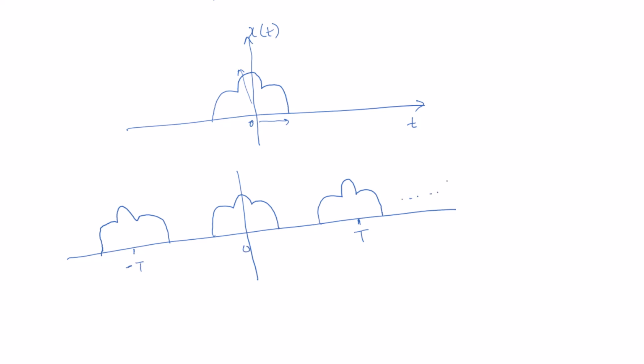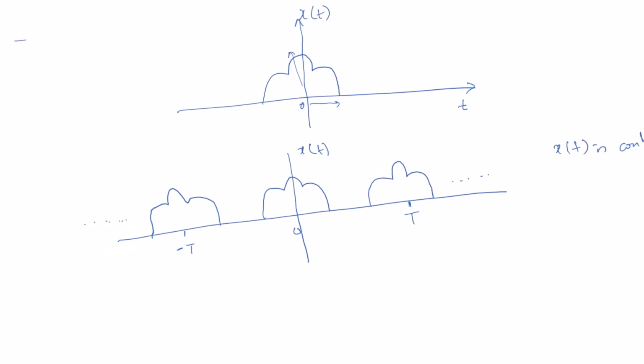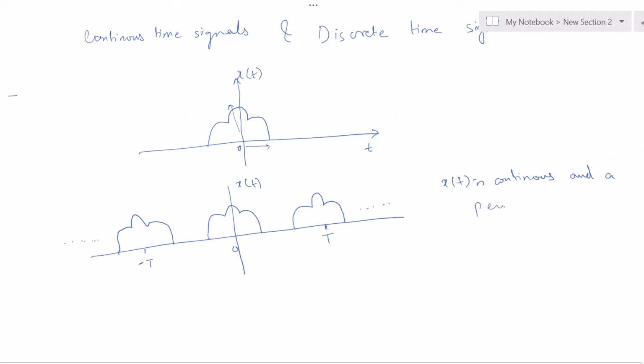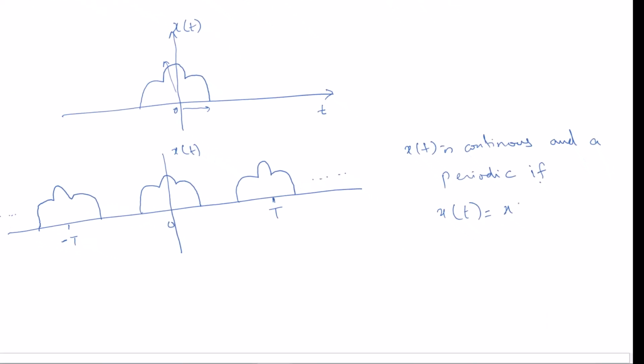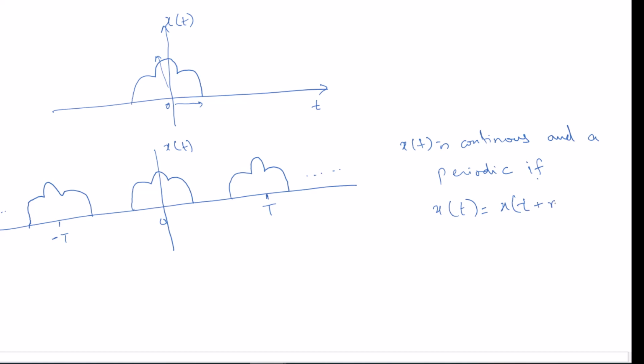It will continue on the right as well as on the left side. Again, this is x(t). Now x(t) is called a periodic signal if x(t) is equal to x(t) plus a multiple of capital T.